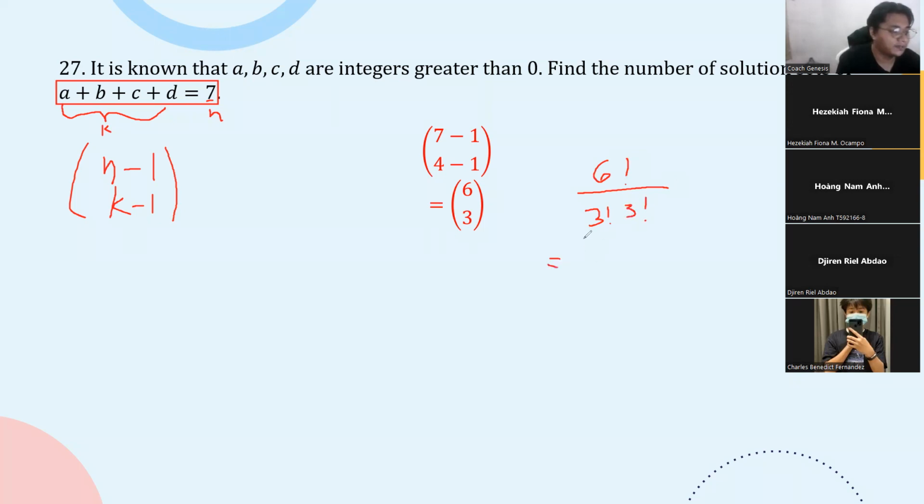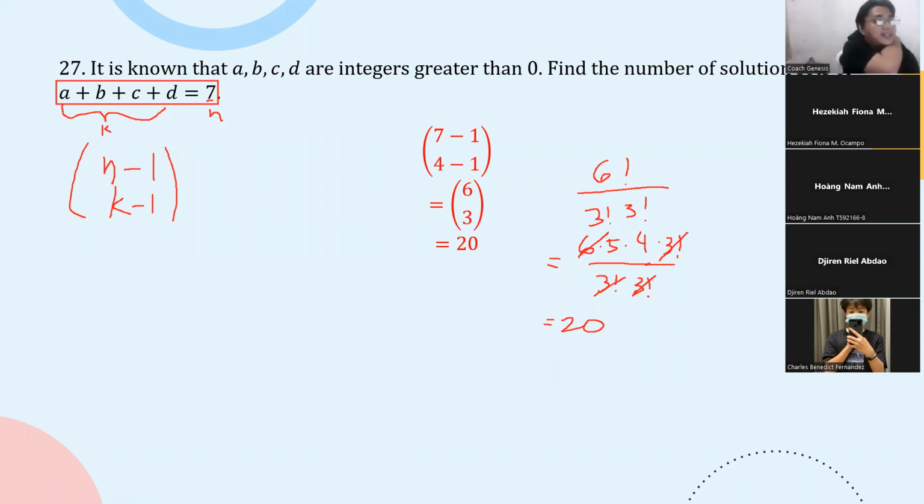Now we can divide out 3 factorial. We have 6 times 5 times 4 times 3 factorial divided by 3 factorial, 3 factorial. So you can divide that out. 3 factorial is equal to 6, which means that you will have 5 times 4, which is 20.